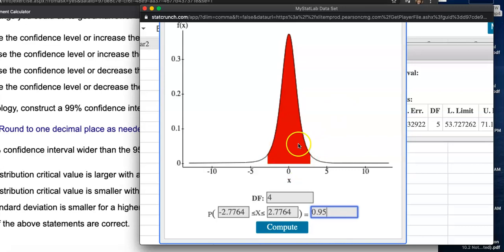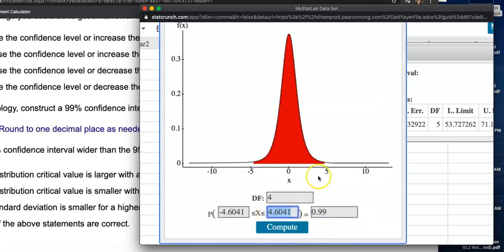Look, the critical T value is 2.7764 to the right and negative 2.7764 to the left. Now, if I increase the confidence level to 99%, notice the T value got much bigger.